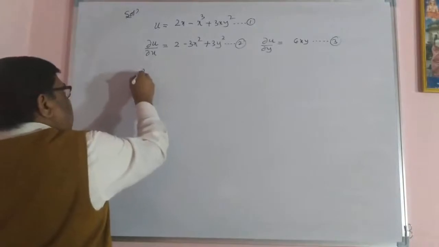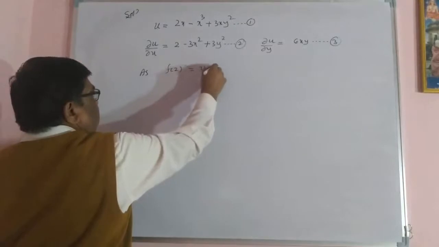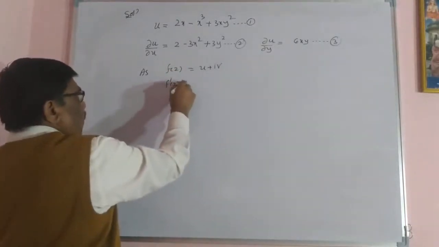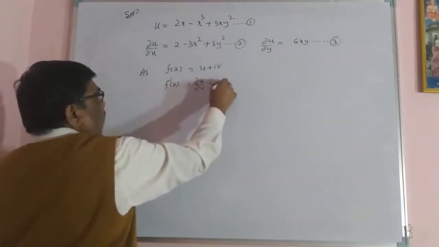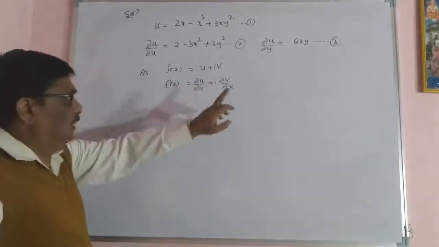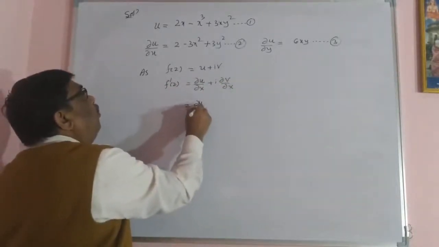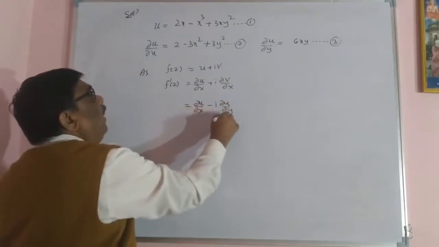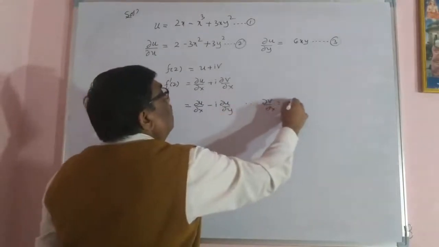As f of z equal to u plus iv, f dash of z equal to dou u by dou x plus i dou v by dou x, since I have partially differentiated with respect to x. Then using the CR equation, let me replace that: dou u by dou x minus i dou u by dou y, because dou v by dou x equals minus dou u by dou y.